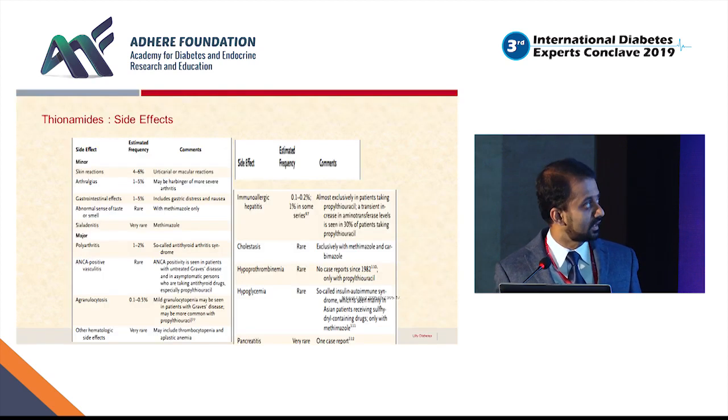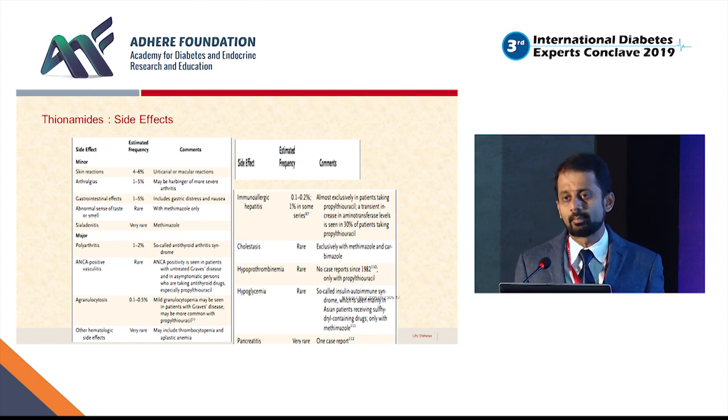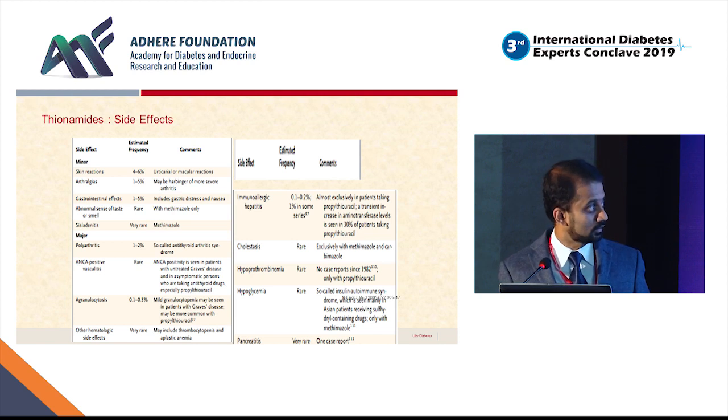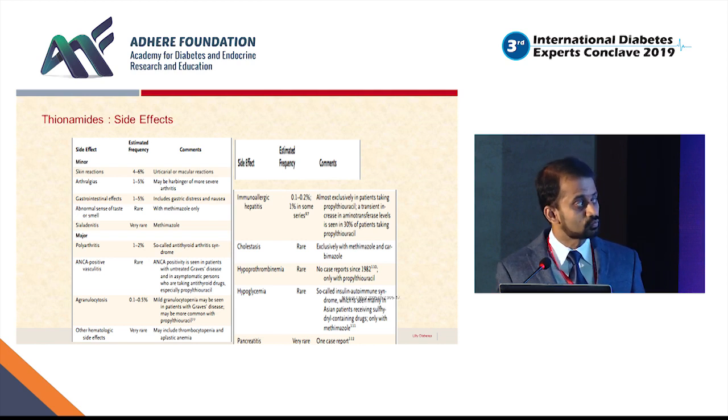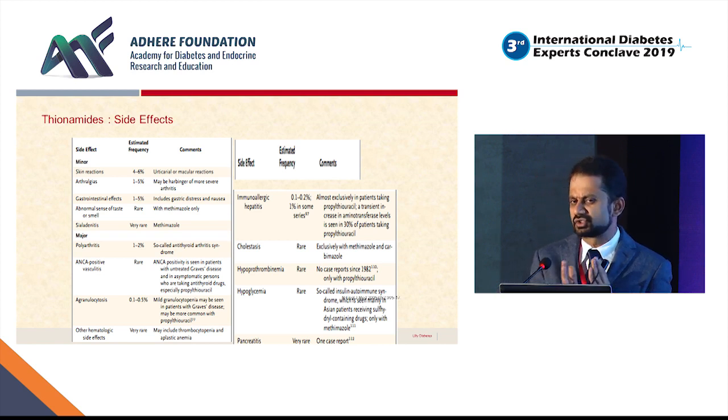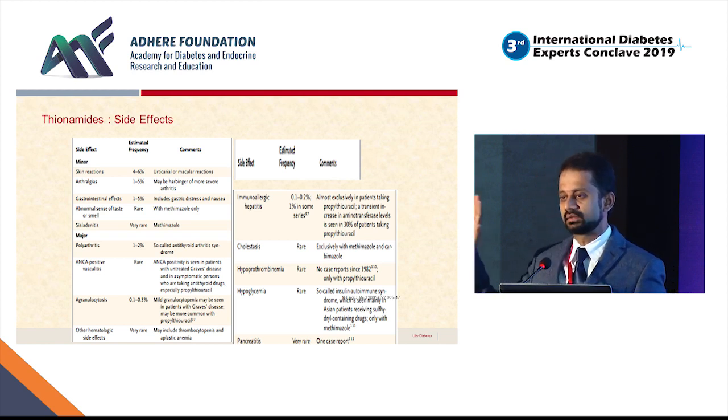So these are the other side effects. You might have seen in your experience that ANCA-positive vasculitis is not uncommon, and when you see more and more thyroid patients, you tend to see it. Cholestasis and itching can also happen in practice. Another thing is when the patients are also diabetic, it is extremely challenging to manage when they have thyrotoxicosis.